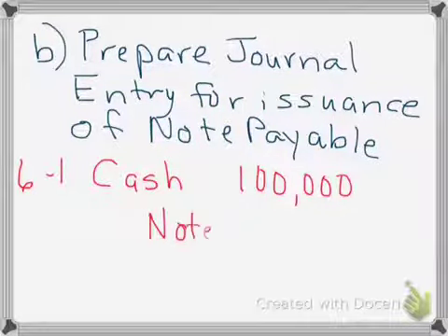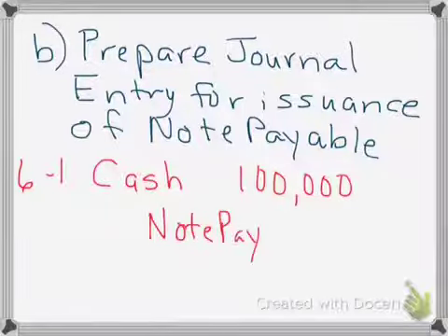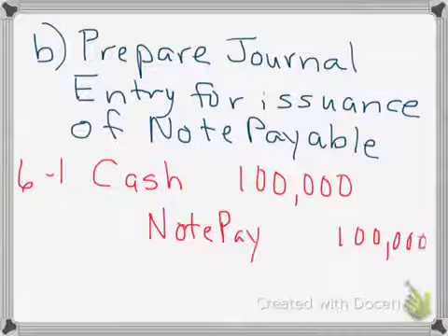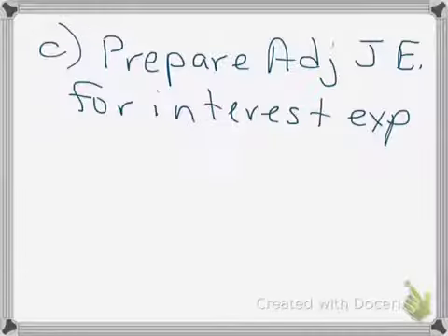Don't forget to indent your credit account, and of course you're also going to have a credit column. So we would have cash as our debit account for $100,000, and the note payable would be for $100,000 as well, which has to be paid off in the future.